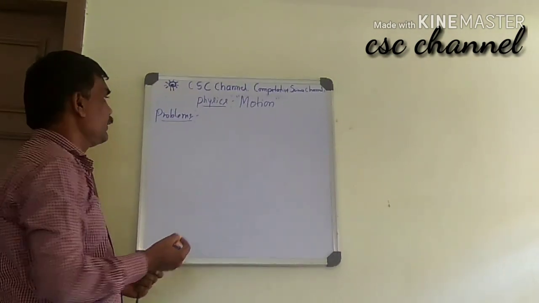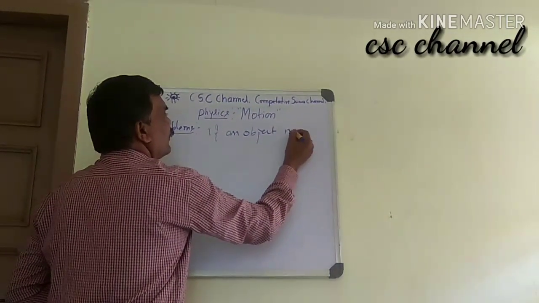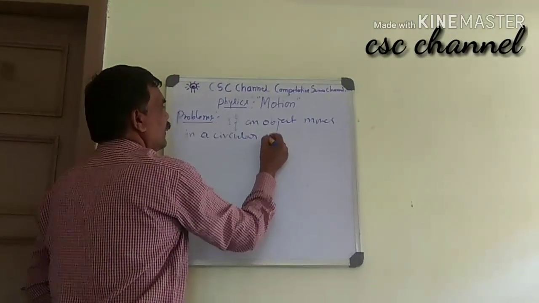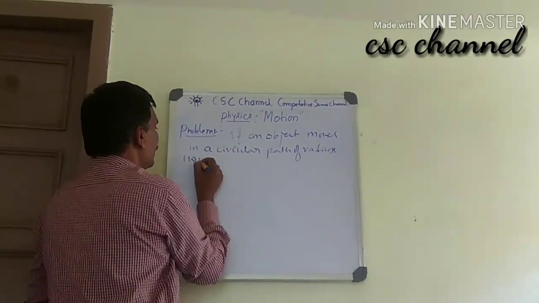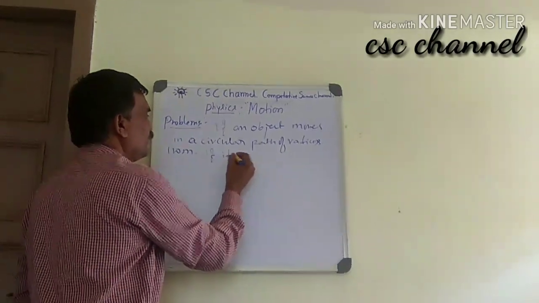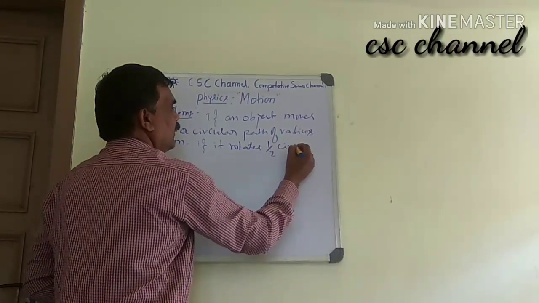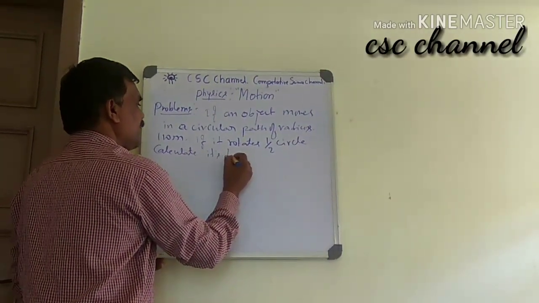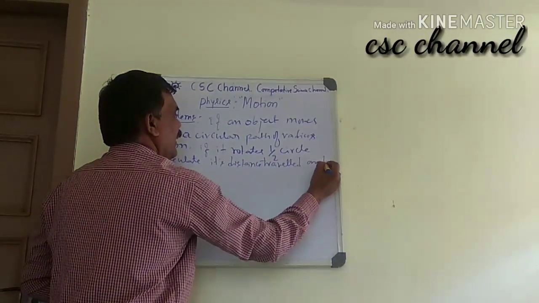One more problem on motion. If an object moves in a circular path of radius 100 meter, if it rotates half circle, calculate its distance traveled and displacement.